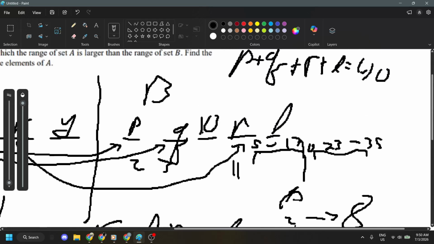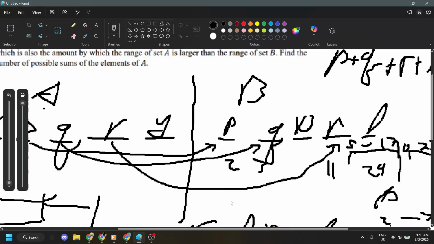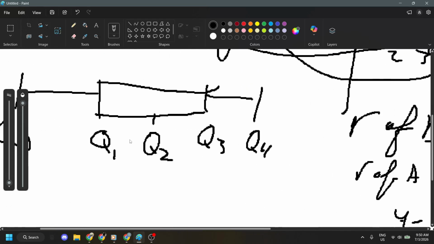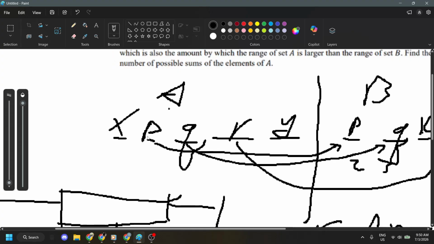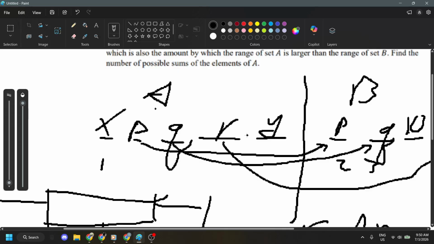We have 15 here. We need 15. We need it to be 50. So 5, 35. So 4, 24. 24. So then our range is 12. So X has to be 1, and then our only option is 13.